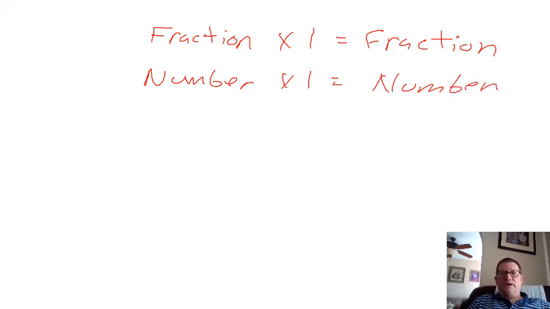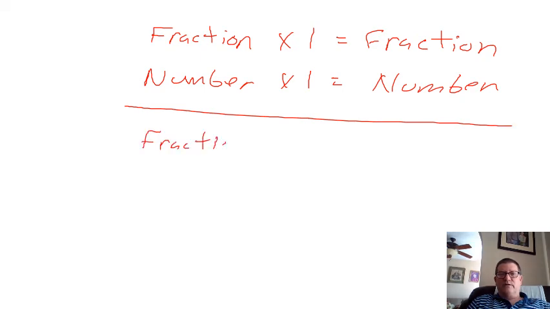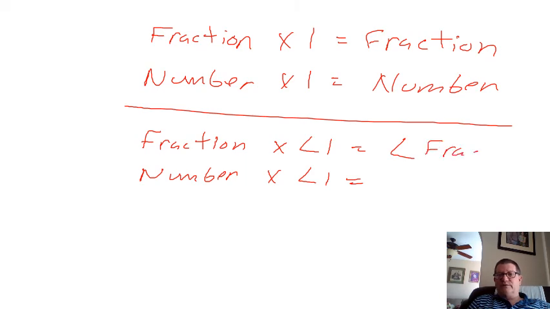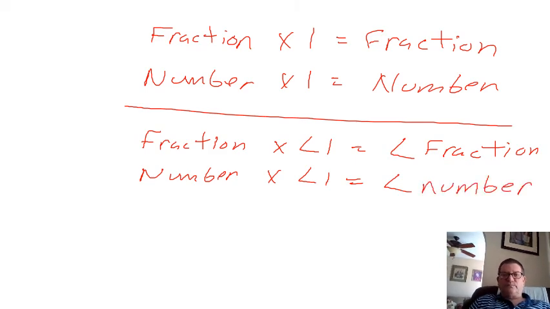Now, if I take a fraction or a number and multiply that by something that is less than 1, that means my product will be less than the fraction, and it'll also be less than the number that I multiplied it by, that fraction less than 1.